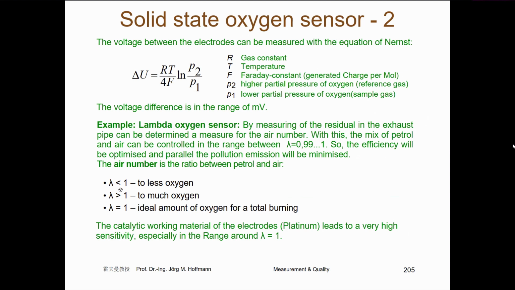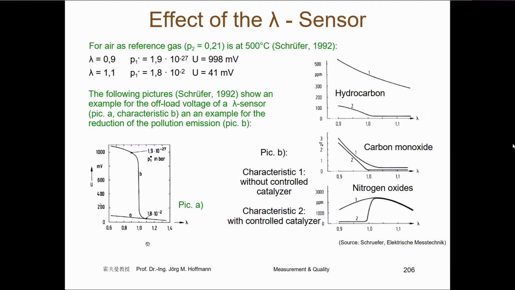And the lambda says: when lambda is less than 1, then you have too little oxygen for the burning process. When lambda is bigger than 1, it's too much. And when it is around 1, then it is the ideal amount of oxygen for a total burning. When we look at this lambda, you see the voltage is 1 volt, 1000 millivolt.